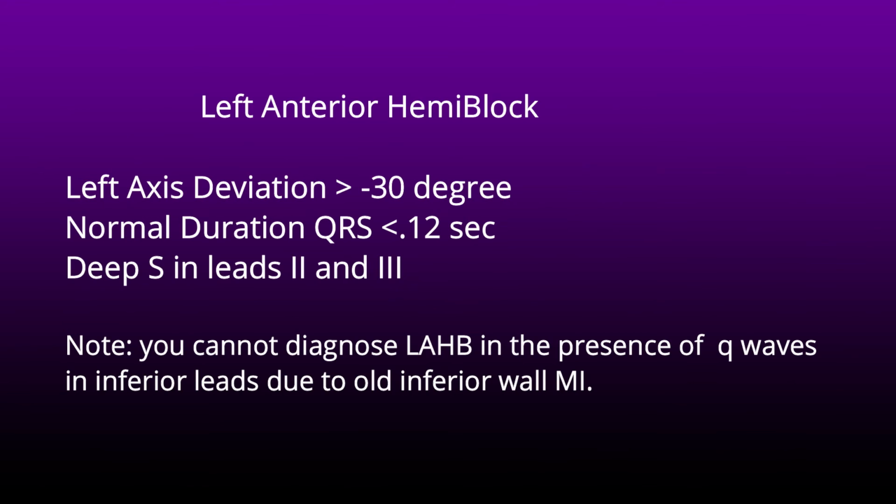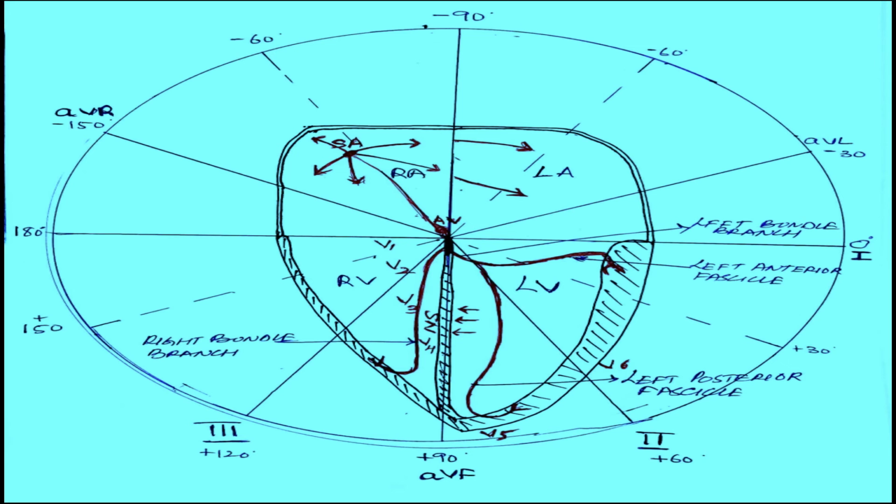Now we look at left posterior fascicular block. You block the left posterior fascicle, it lies infero-medially. So the impulse will come from left anterior fascicle, it will go towards lead AVF. The vector is directed to lead AVF. AVF is becoming more positive and lead 1 will become negative automatically. So the axis is lying in right axis deviation quadrant.